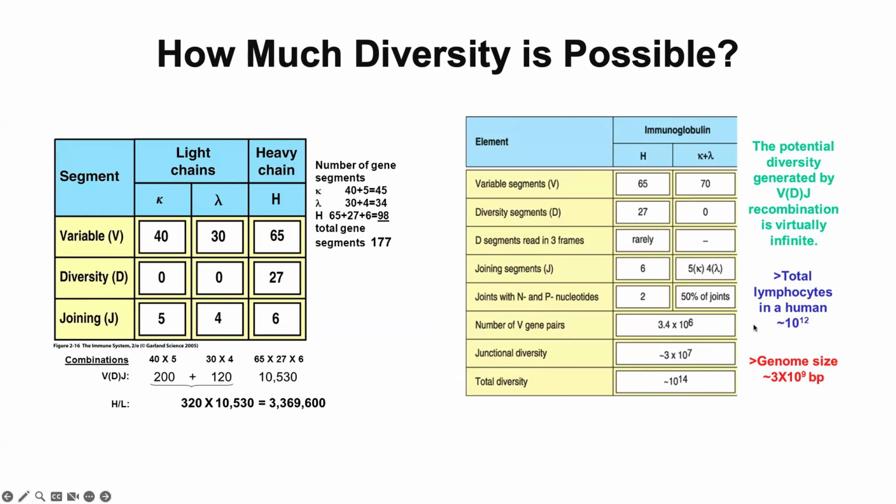The total number of lymphocytes, T and B cells, in your whole body are estimated to be about 10 to the 12th. So you can actually generate more diversity in this process than you have total T and B cells. It's crazy, and it's pretty incredible to think about, especially the genetics of it, it's pretty remarkable. Anyway, that's just sort of for fun.